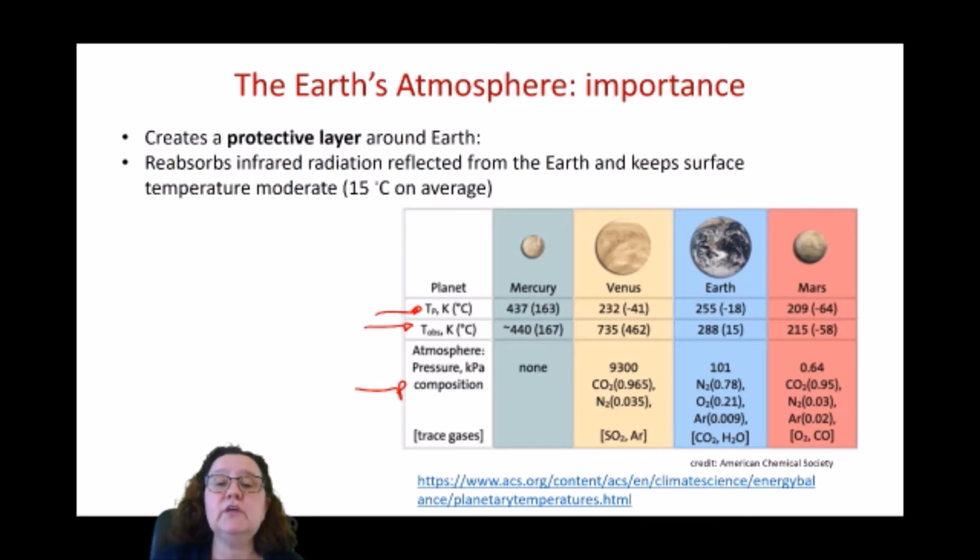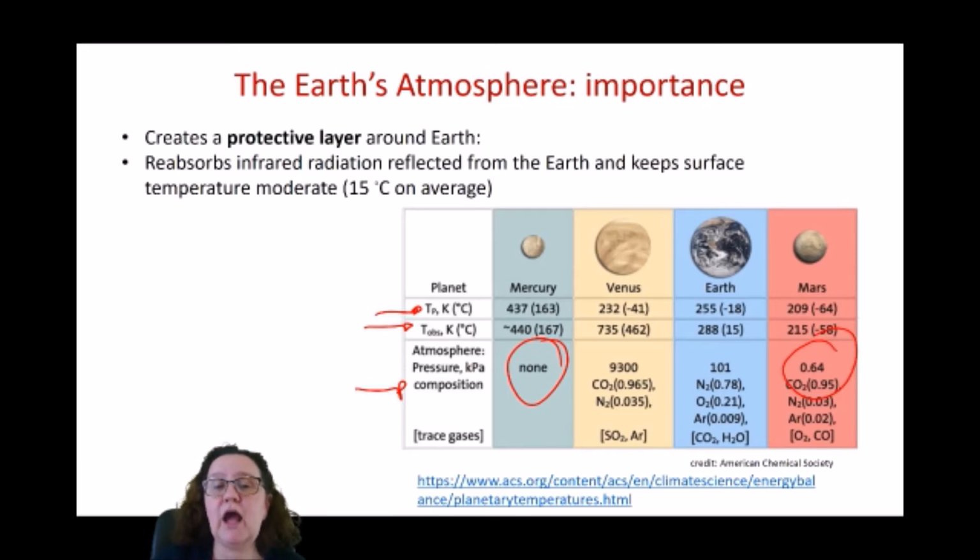So as you can see, when you have a planet like Mercury, which has no atmosphere, just a very thin layer of exosphere, or Mars that has a very low pressure atmosphere, very little atmosphere, the prediction from the black body model and the actually observed temperature on the planet are quite similar.